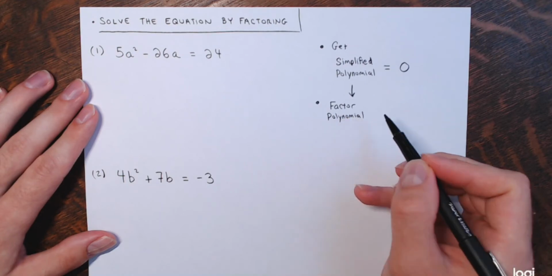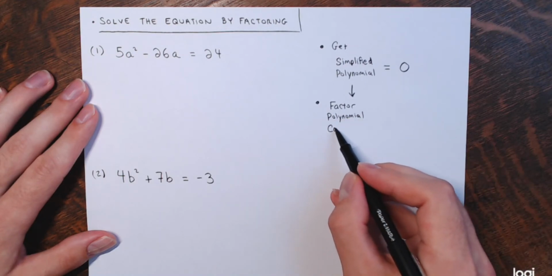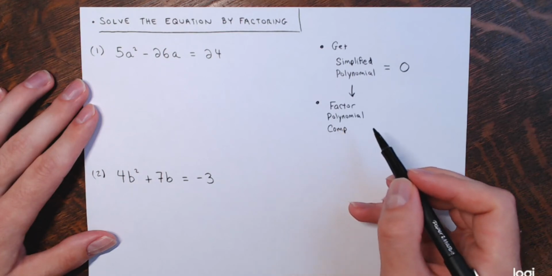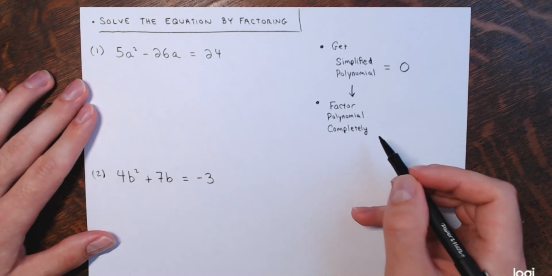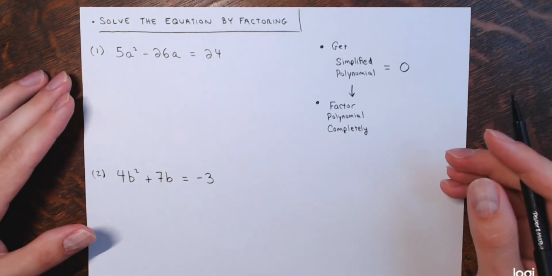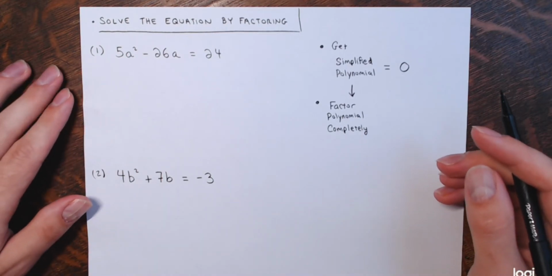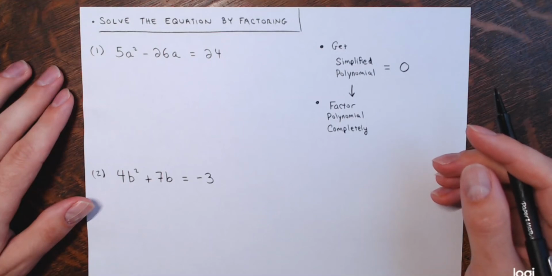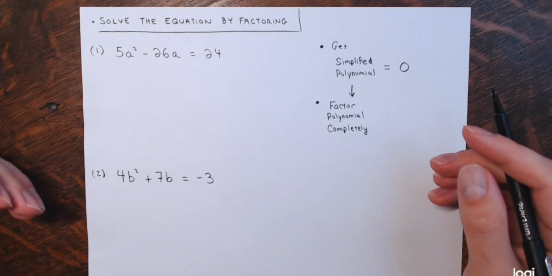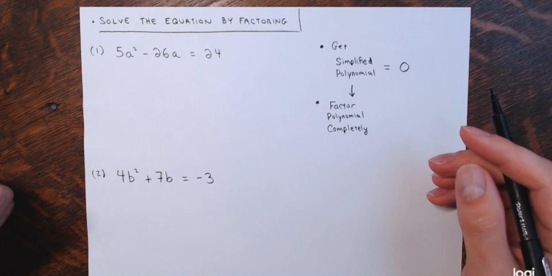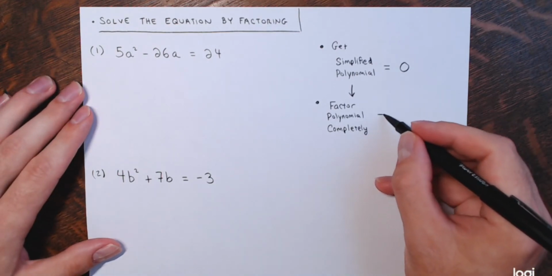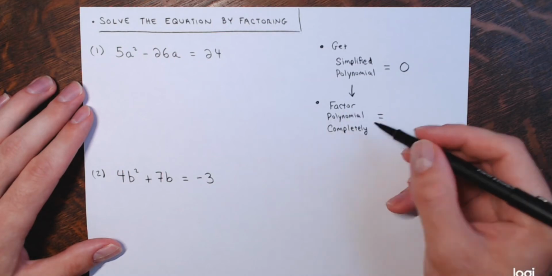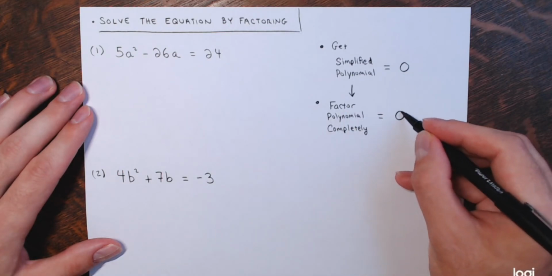And as I said at the top of the video, I am not going to go into too much detail on all the methods for factoring I'm using. I'm just going to tell you what I'm doing really quickly and then write the factored form of the polynomial, because I am assuming here that you have already done the methods of factoring and worked on exercises and practice and read and noted and all that. So I'm going to have a completely factored polynomial, again, equal to 0.